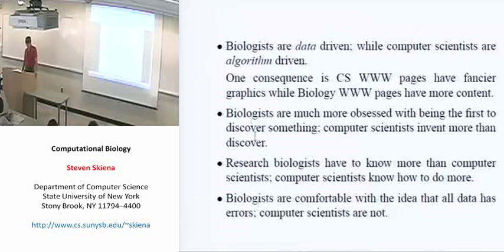Another difference that is kind of interesting is that biologists tend to be obsessed with discovering things, okay? Whereas computer scientists invent things more than they discover things, okay? When I hang around my microbiologists, they tend to be very well read about the literature on this thing.